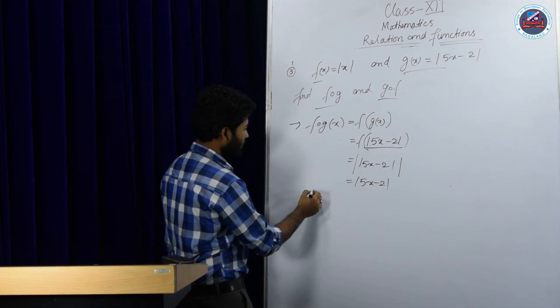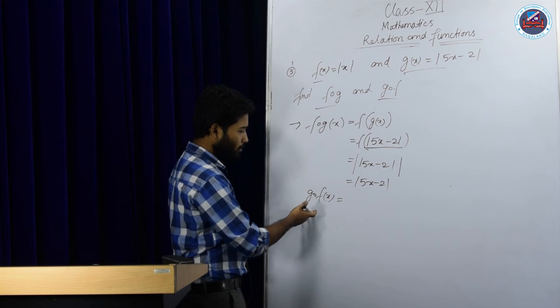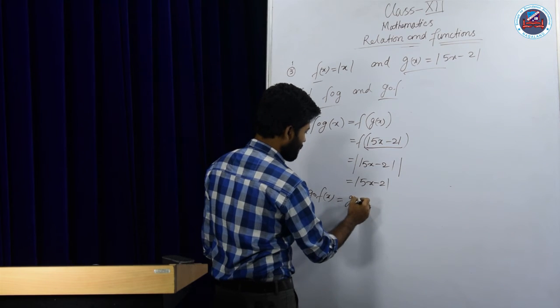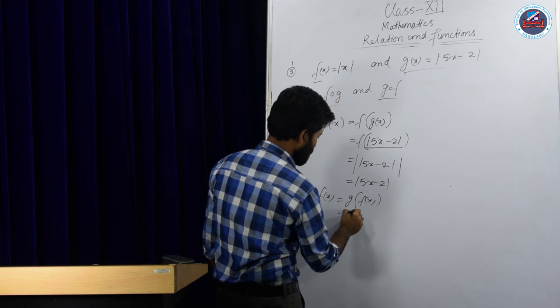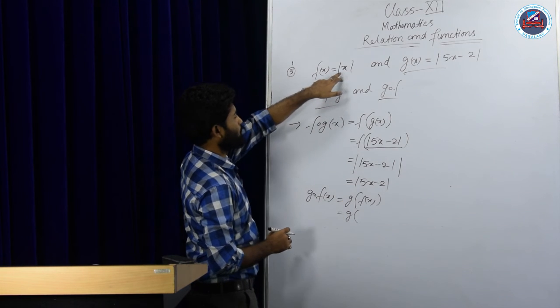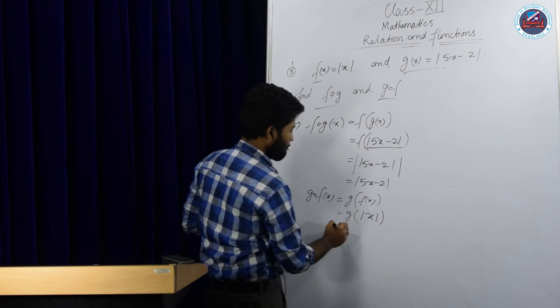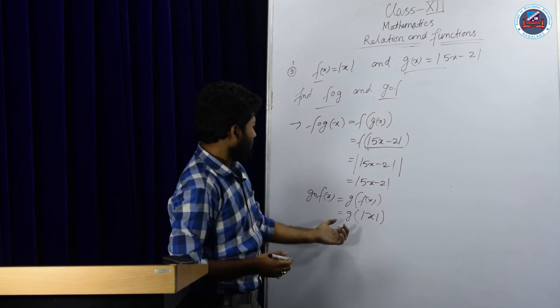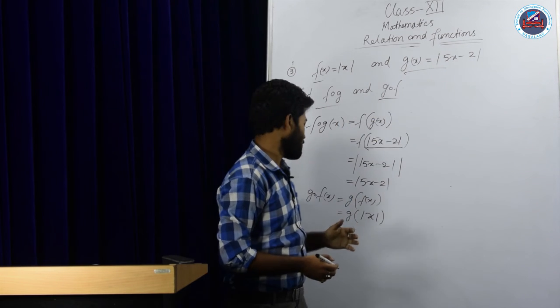So next let us find g of f of x. This means we can write g of f of x. What is our f of x? F of x is mod x. Now, what is g of x? G of x means 5x minus 2.